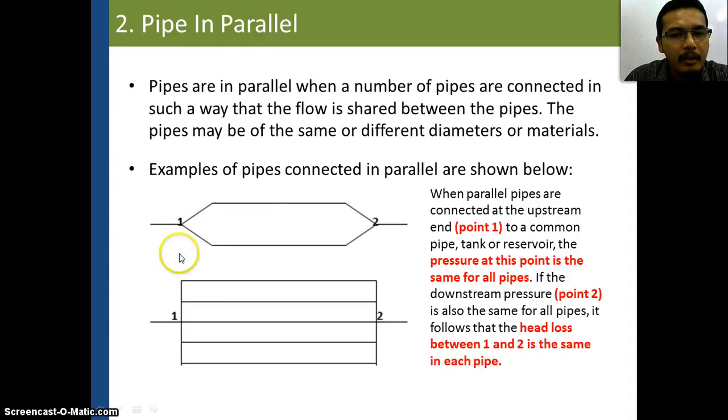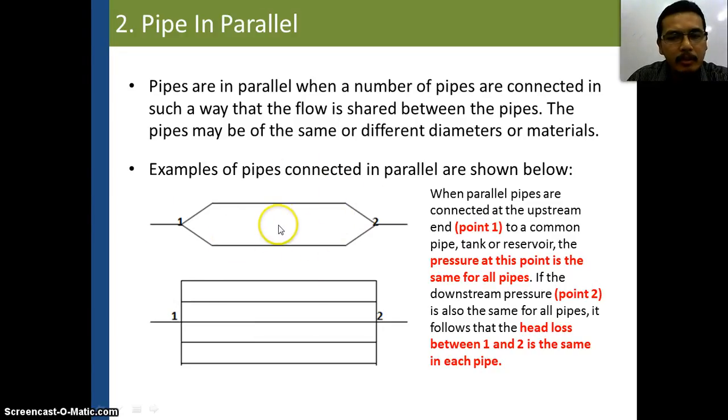But pipe in parallel means pipe 1 splits into 2 in this case, and in the bottom figure pipe 1 splits into 4. As with pipe in series, the diameter and material of each pipe can be the same or different, depending on your design. We need to simplify this parallel pipe into a single pipe.